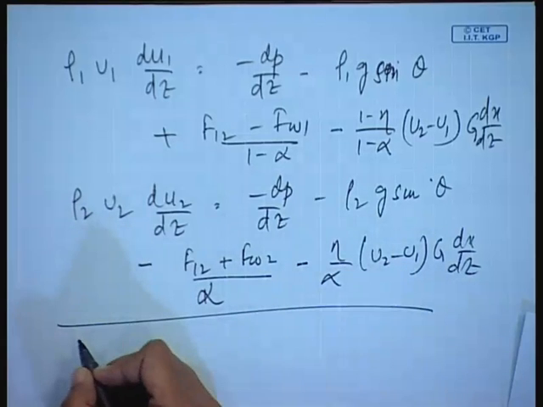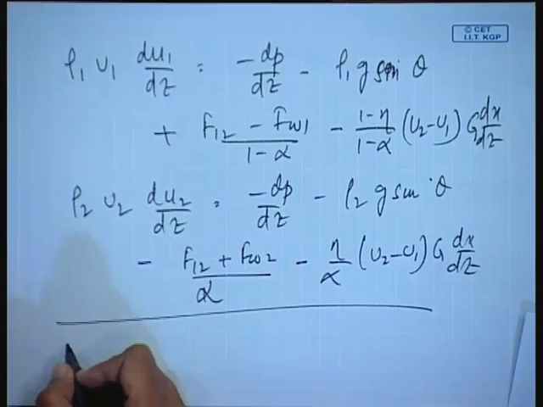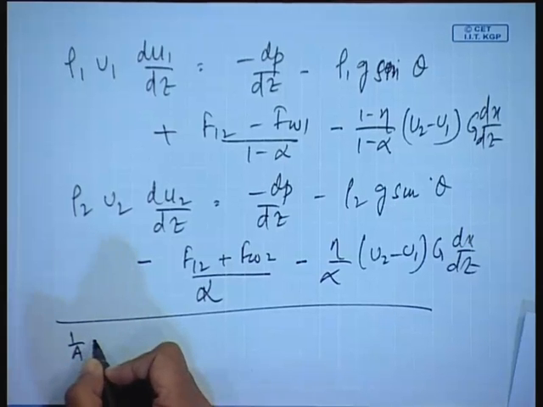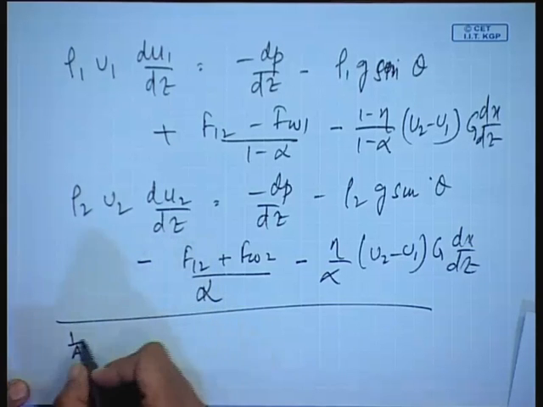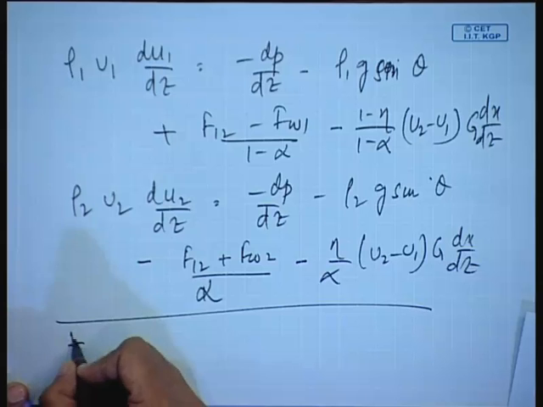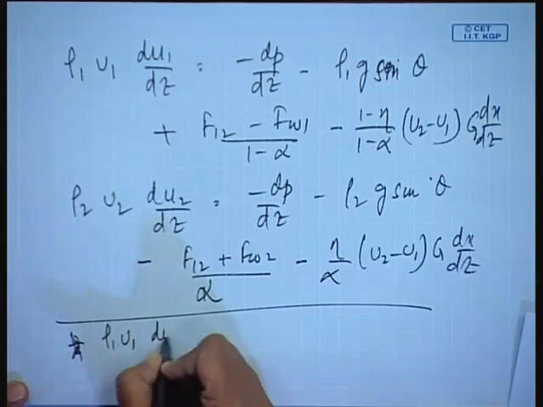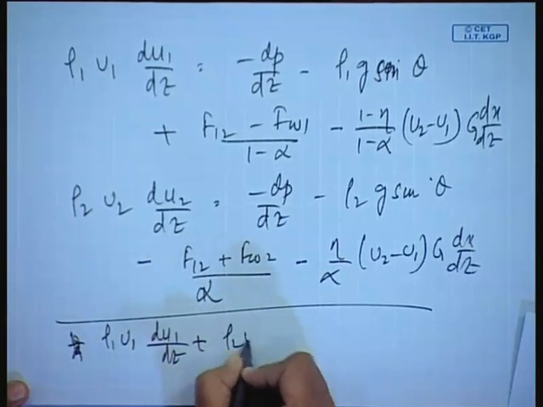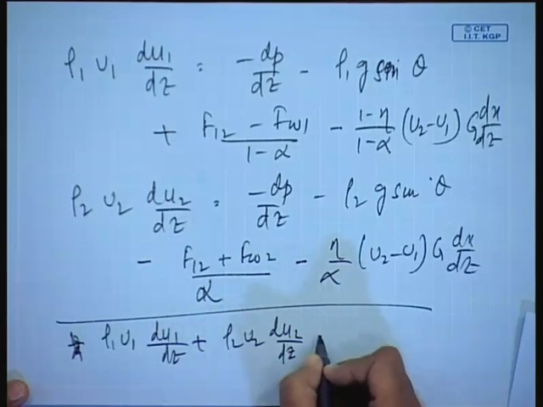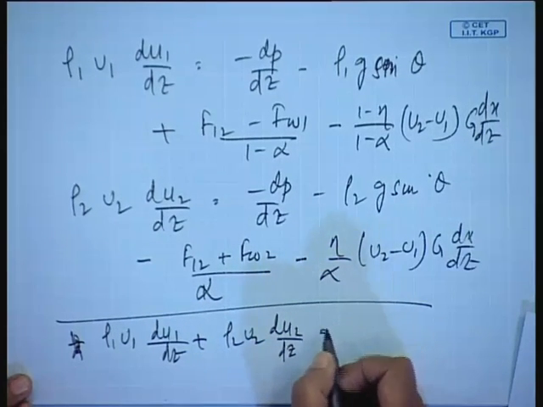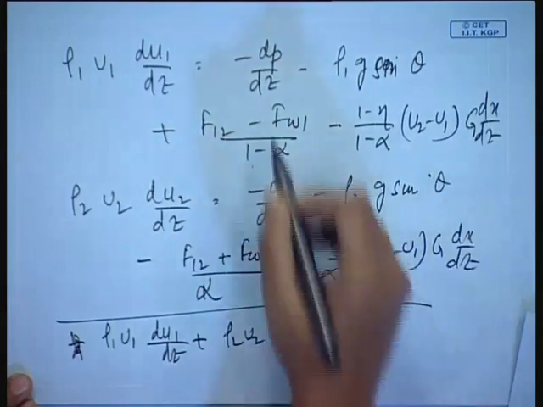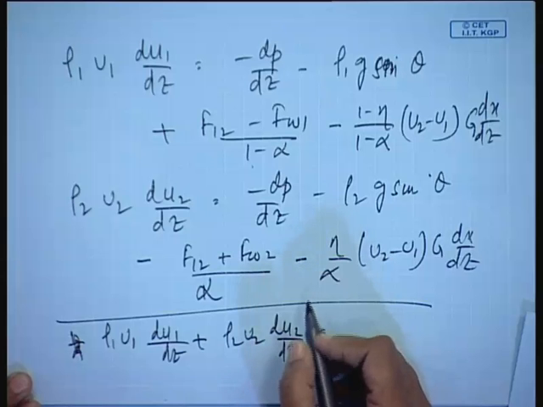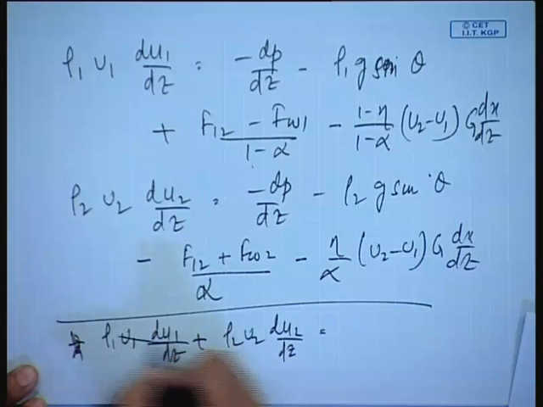So, if we simply add them up, what do we get? The equation we will be getting in this particular case is just the equation which we had got in the last class. It will be rho 1 u1 du1/dz plus rho 2 u2 du2/dz. You have to multiply both sides by 1 minus alpha and alpha, and then if you complete it, you are going to get an equation of this sort.